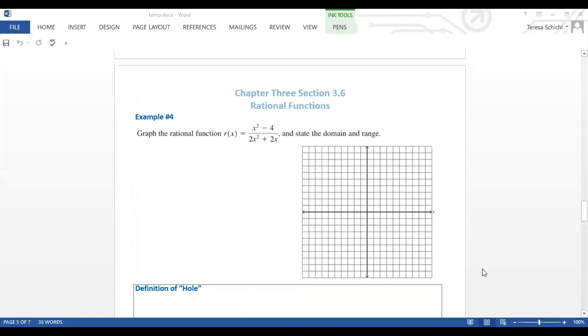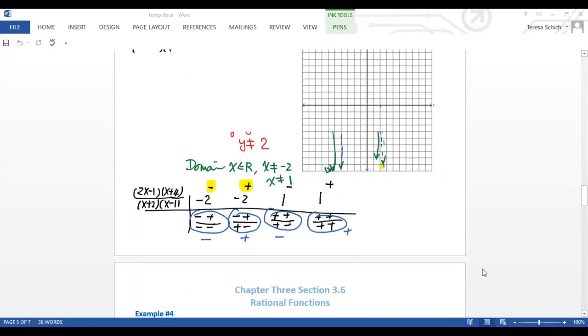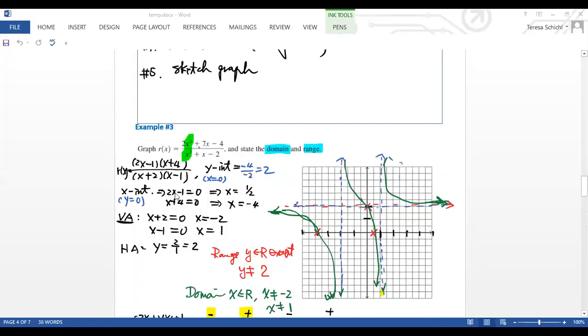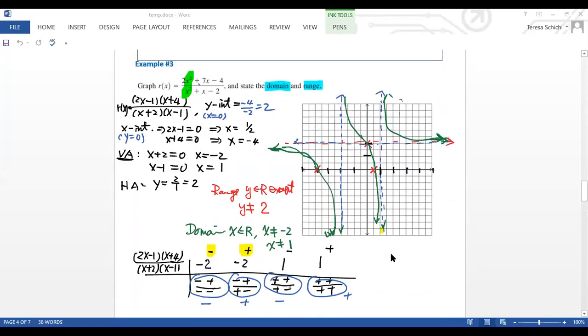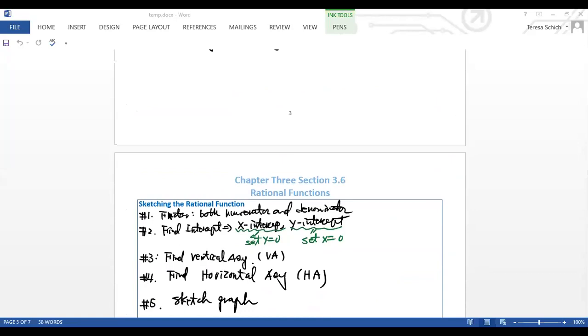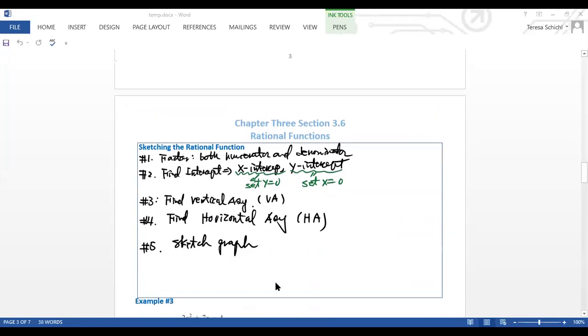As you see, we defined how to sketch a rational function. It's a little tedious, which is why it took us so long. We have 5 steps: factor, find the intercepts, find the vertical asymptote and the horizontal asymptote.